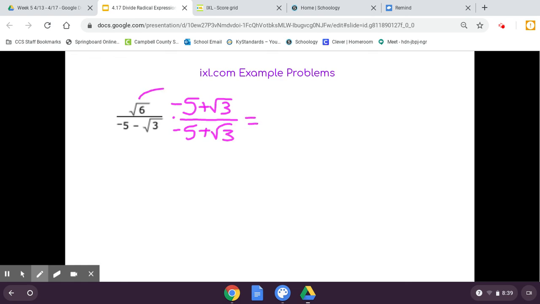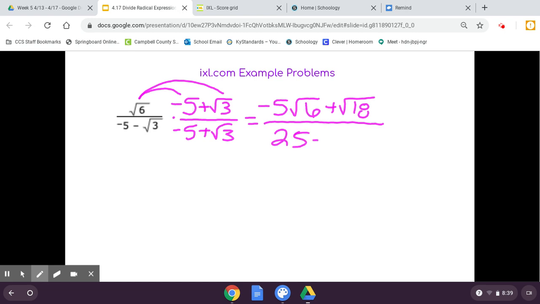All right, so square root of 6 is going to multiply by both of these. So this first one is just negative 5 square root of 6 since we can't actually multiply underneath that radical. And then 6 times 3 is positive square root of 18. So that one we could because they were both radical. All right. So then the bottom becomes 25 minus the square root of 9.